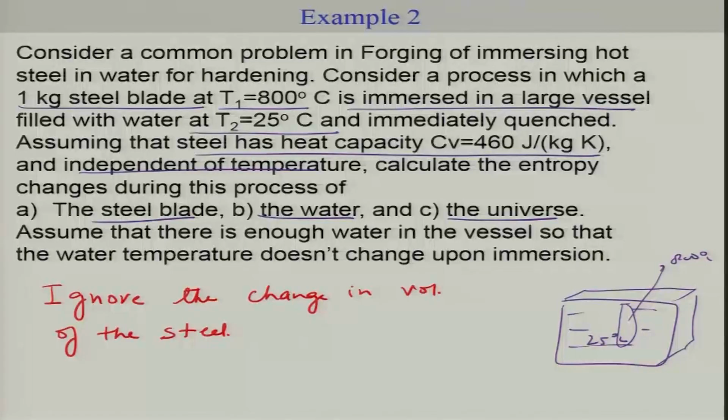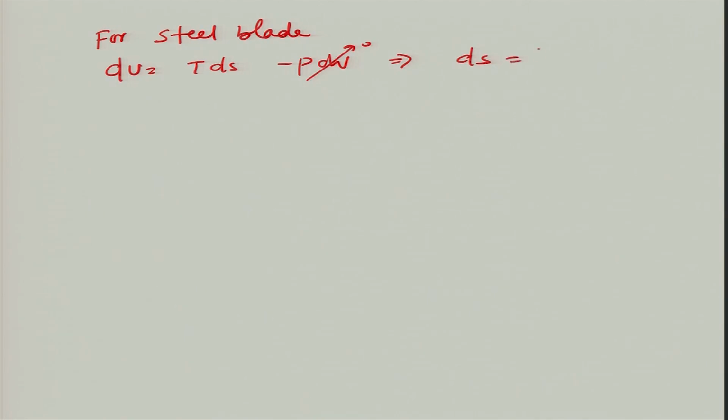Let us look at the steel blade and apply the first law. For the steel blade, dU is TdS minus PdV. Since the volume is constant, we have nothing but this expression, and if you rewrite this, we can write it in this way.